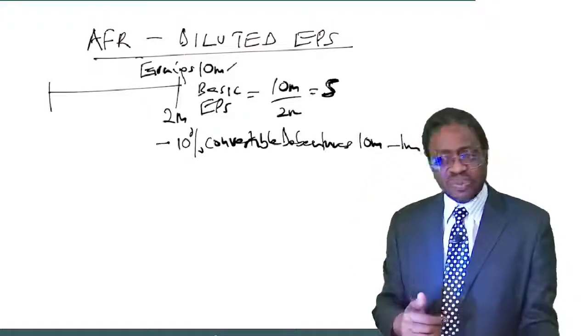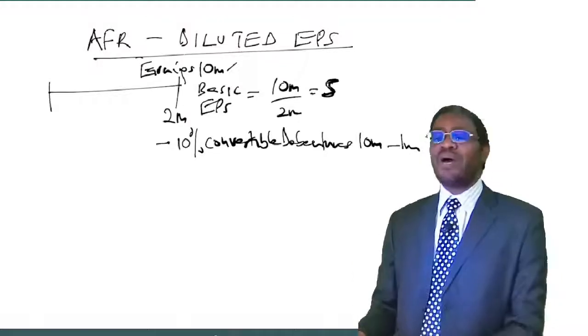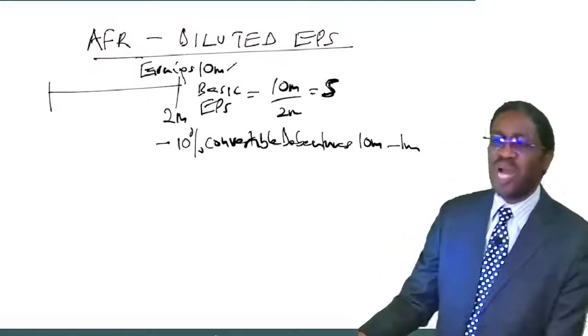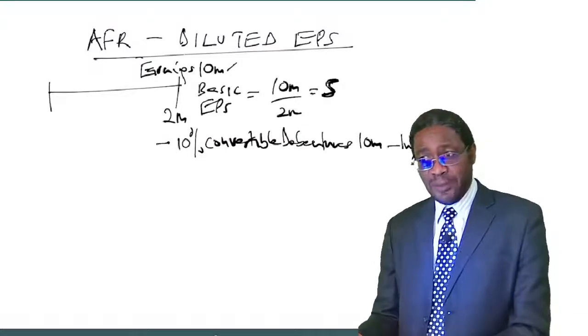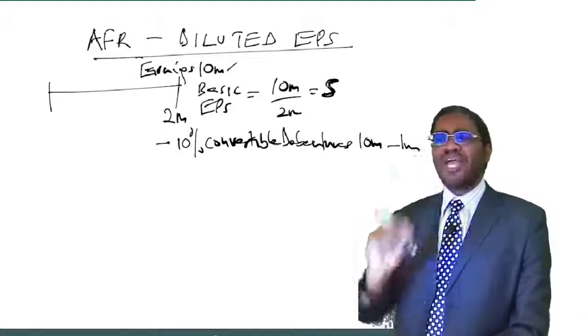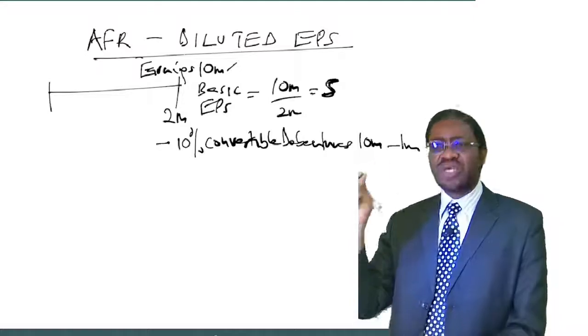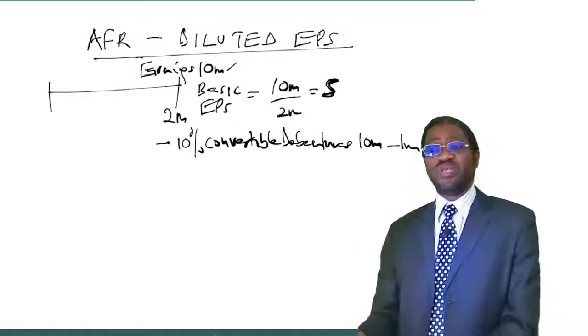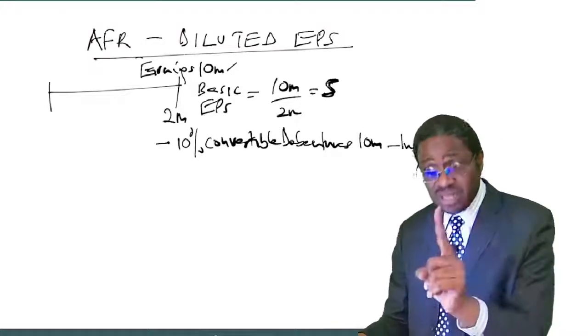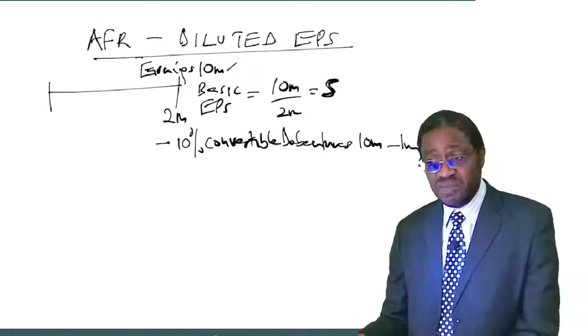And therefore, you as a company are required to compute what we call the diluted earnings per share. Now, there are many other instruments which are likely to give the holders the opportunity to own ordinary shares. I've only listed one, the convertible debentures.